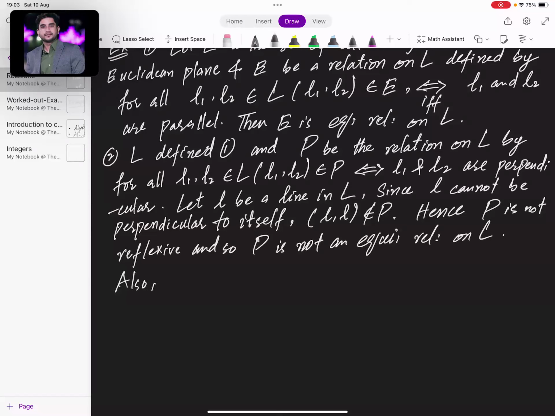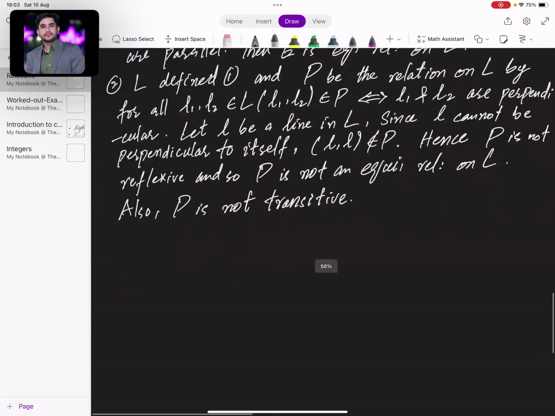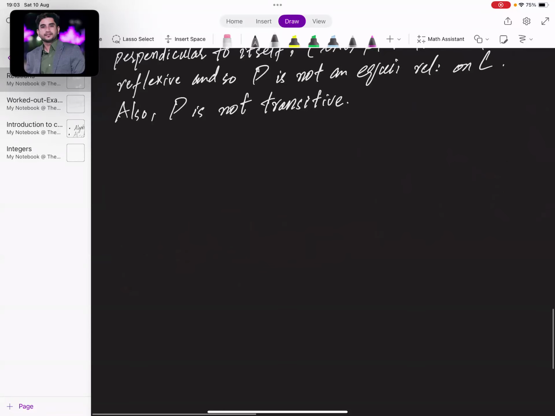We should know that P is also not transitive. It is enough to show this for a single line.